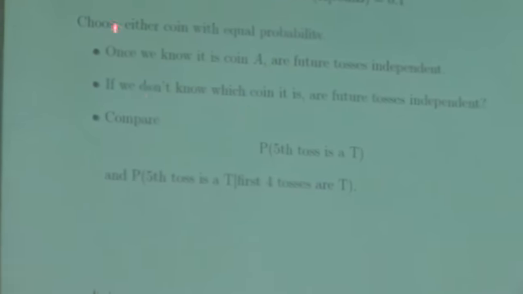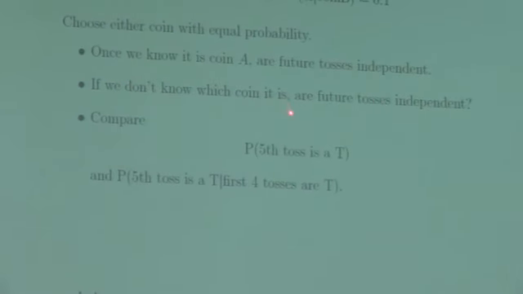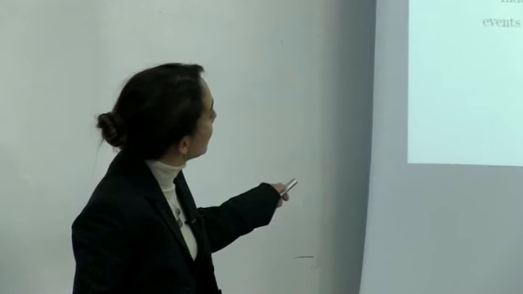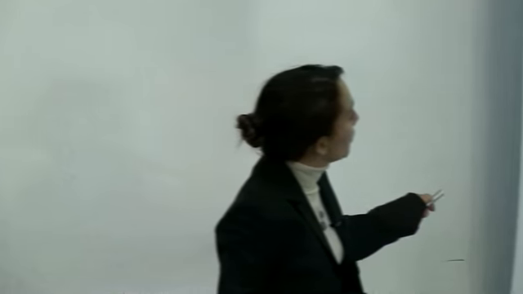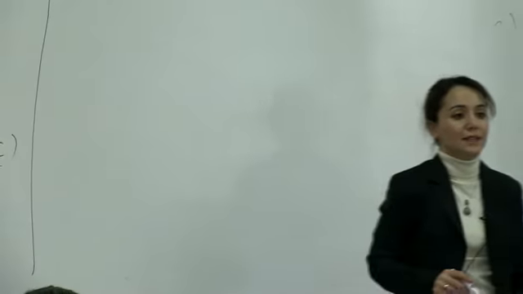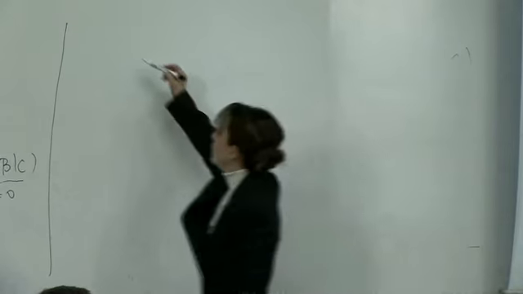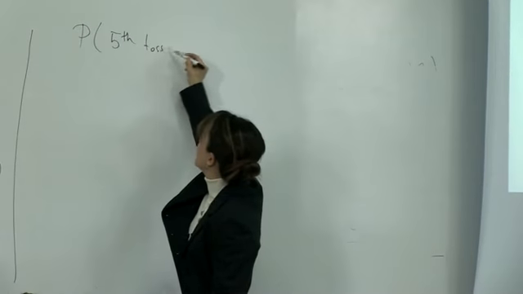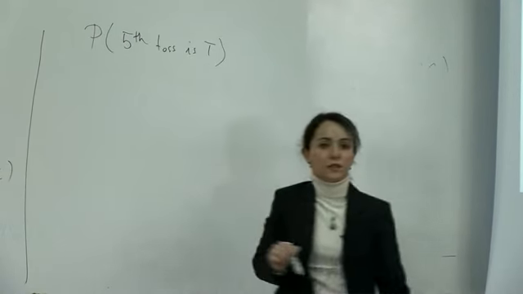Now, here's an interesting question. If you don't know which coin it is, are future tosses independent of each other? Let's think. Maybe we should make that question a little more precise. To make things precise, I would like to compute the probabilities. First, let's compute the probability that the fifth toss is tails.